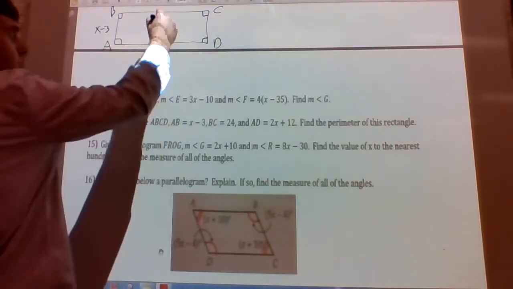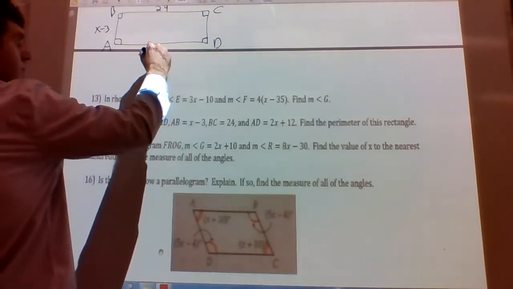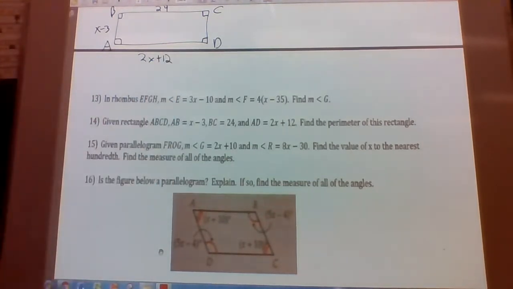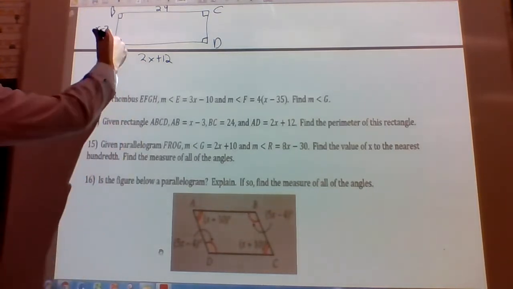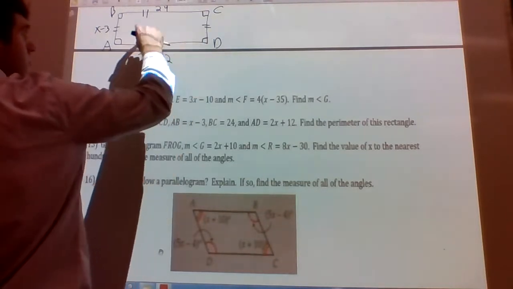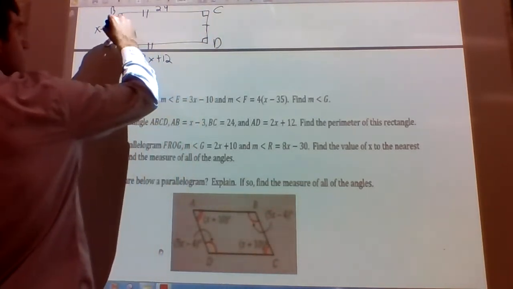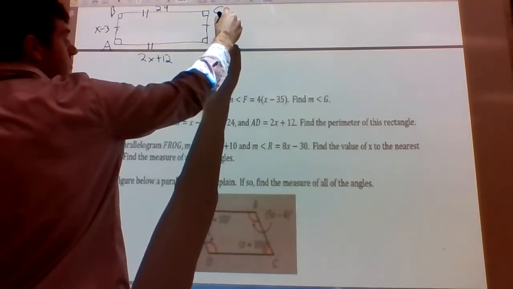BC is 24. AD is 2x plus 12. Find the perimeter. Okay, we can find the perimeter. We know opposite sides are congruent. So we know AB is congruent to CD, so this is also x minus 3.